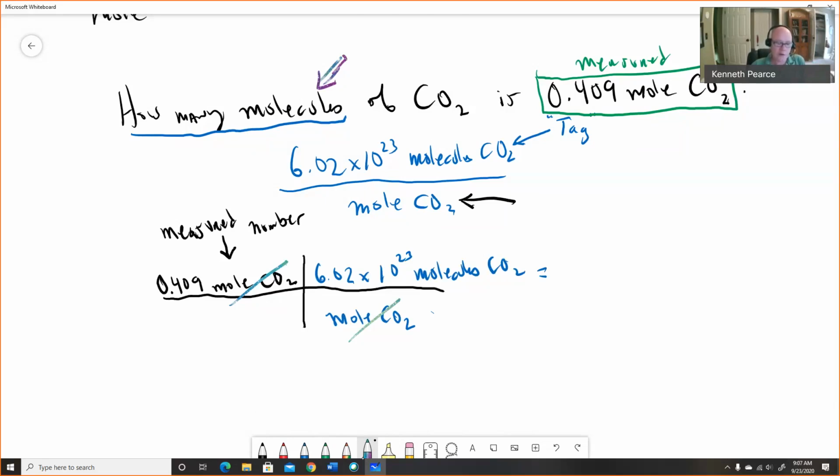And so I put this in my calculator, 0.409 times 6.02, and I use a special EE key on my TI-84 Plus, and I get another big number, which is 2.46 times 10 to the 23rd. And this is, of course, molecules CO2.